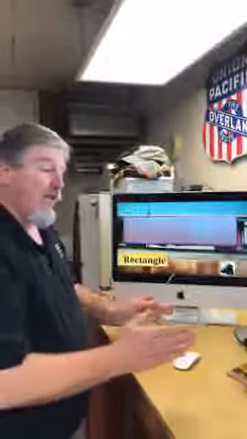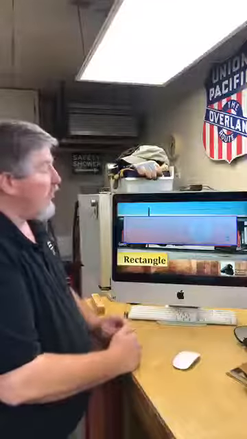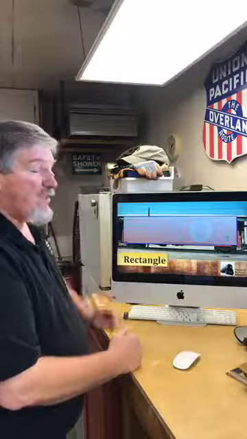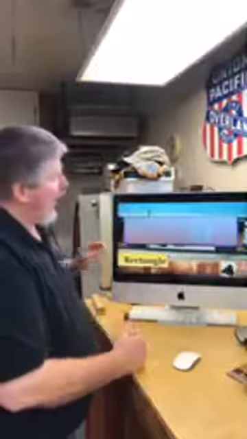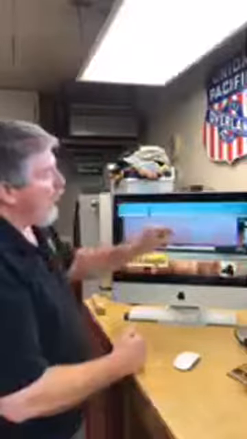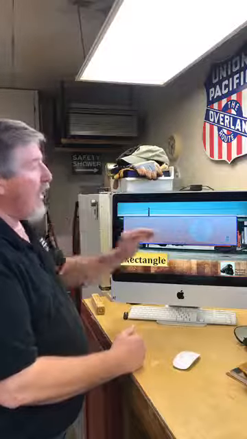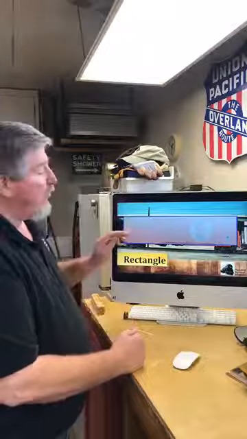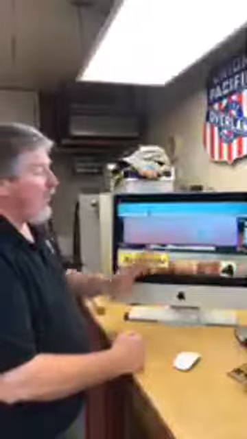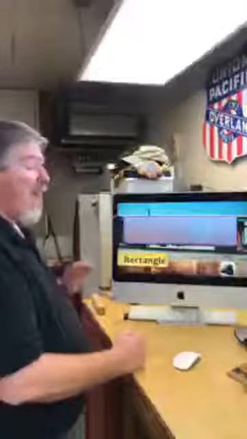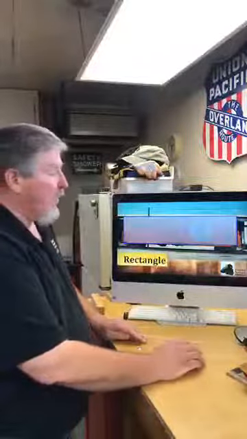Parallel means running in the same path but never touching each other. 2 of the sides, the other sides, need to also be the same length and be parallel. And the angles in all 4 corners are the same. So on a rectangle, 2 sides that are the same length, the other 2 sides the same length, all 4 corners have the same angle. And it needs to be a 90-degree angle or a right angle.